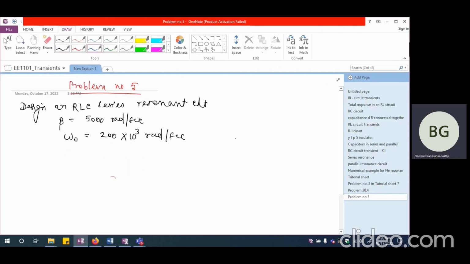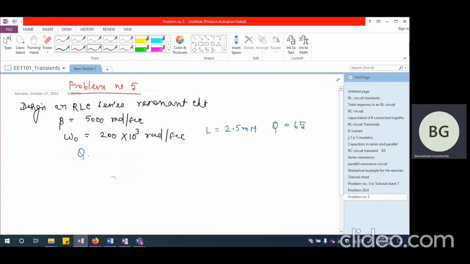So what is the inductance value available? That is 2.5 millihenry with the quality factor of 65. Okay.